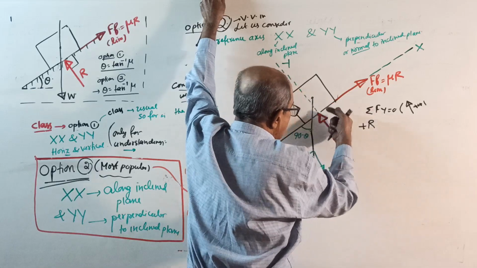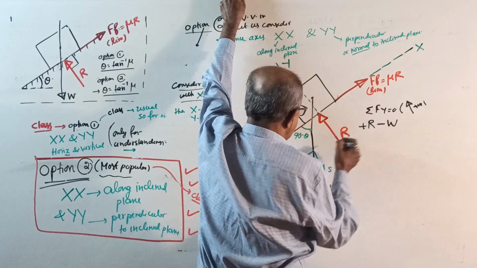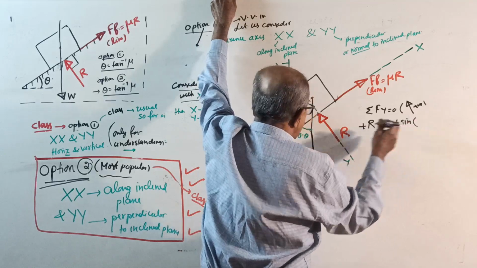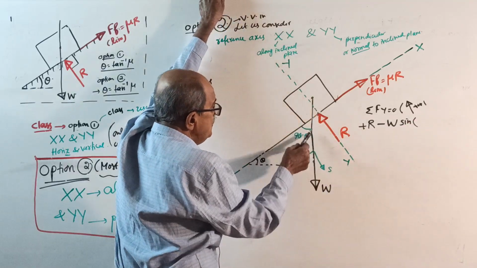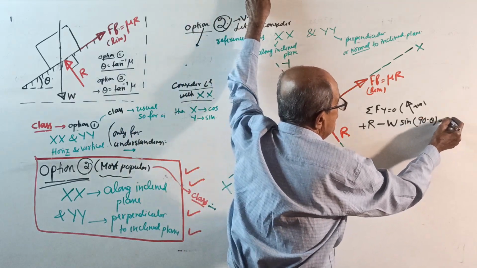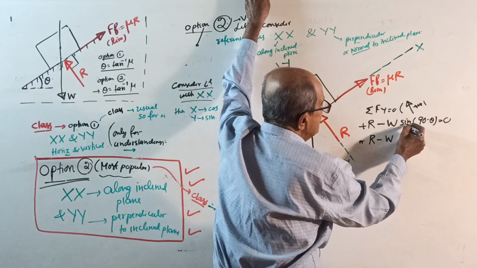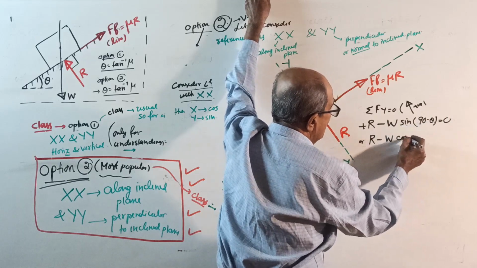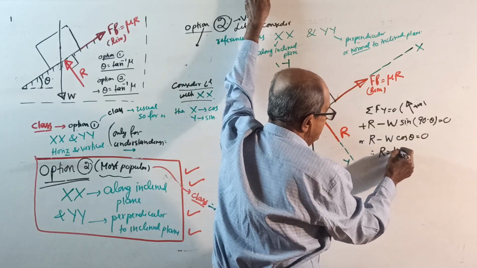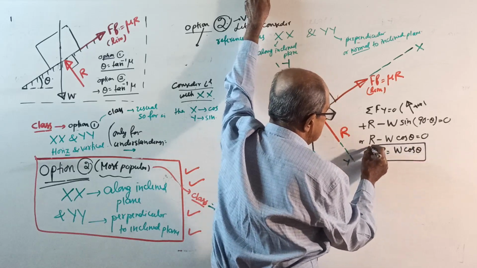So plus R minus W into, since you are doing the Y component, it is sine of the angle made by W with the x-axis, 90 minus theta, equal to 0. So you get R minus W sine of 90 minus theta, which is cos theta, equal to 0. Therefore your R will come W cos theta. One answer, equation number 1.